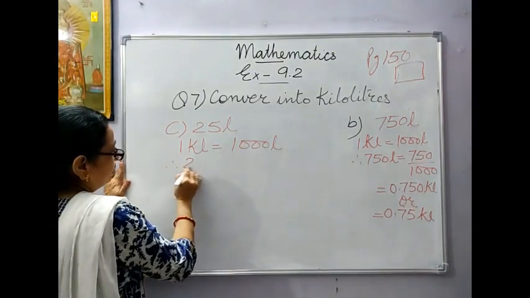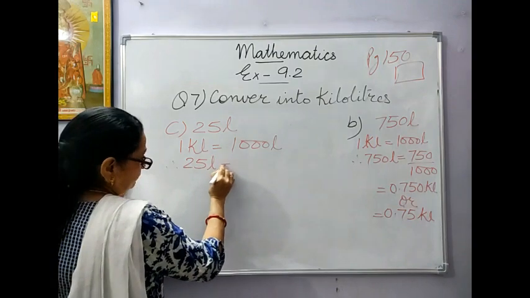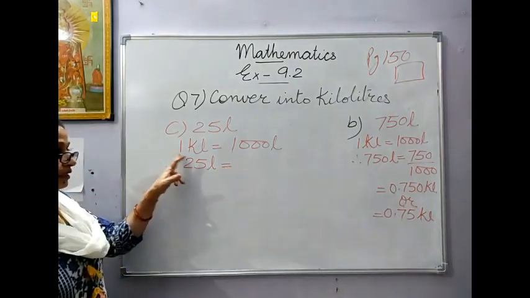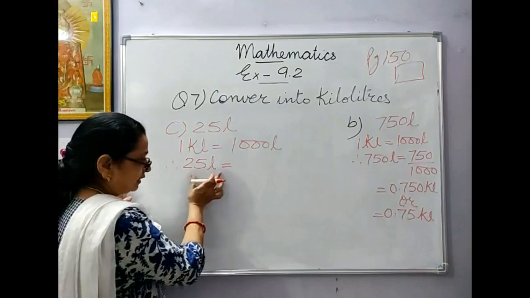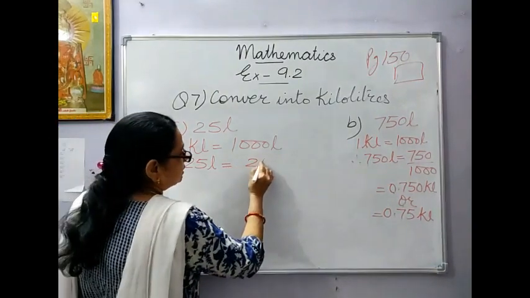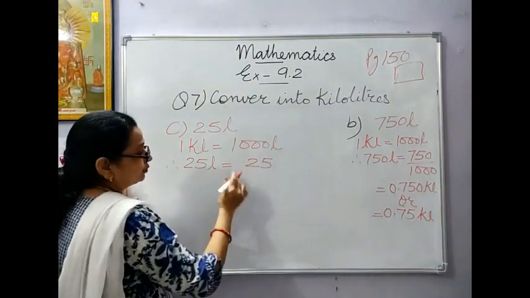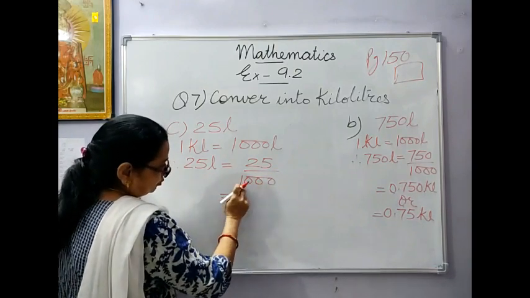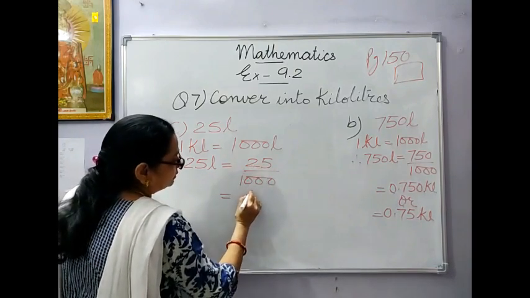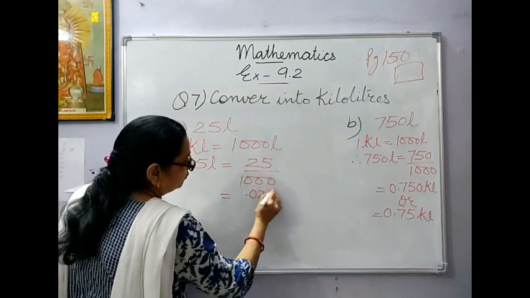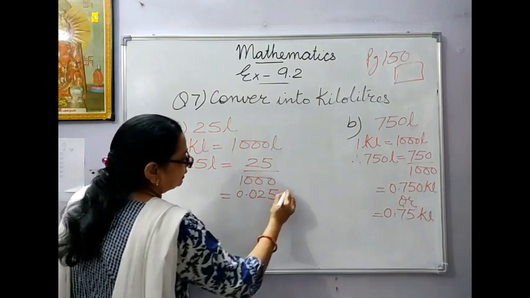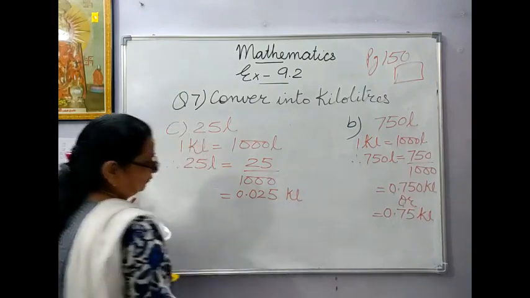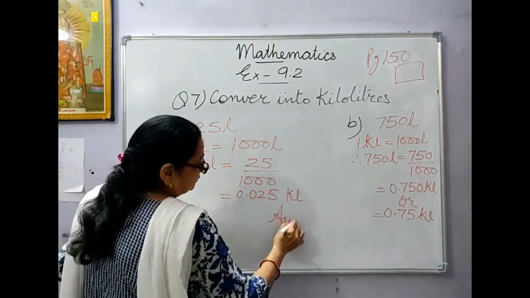Therefore 25 liter will be equal to, now there is no kiloliter already, we only have to convert this. So 25, moving smaller to higher unit, so divide. 1, 2, 3, 1, 2, 0.025. Since there is no whole number, we put 0. It is in kiloliter is your answer.